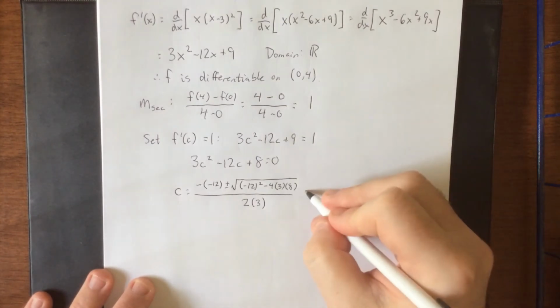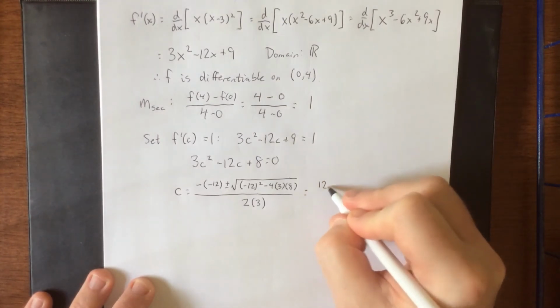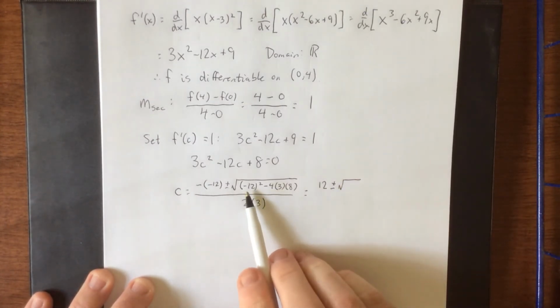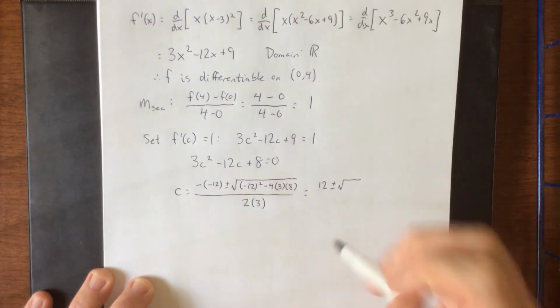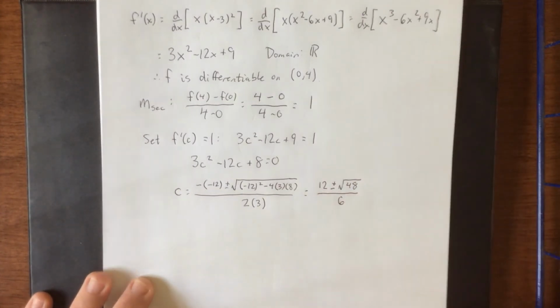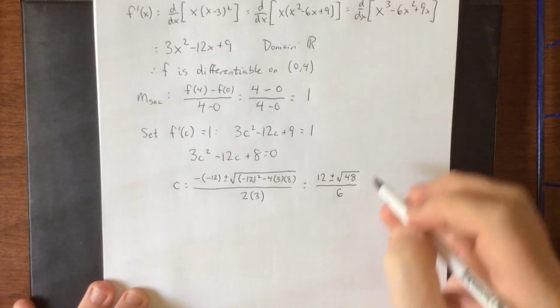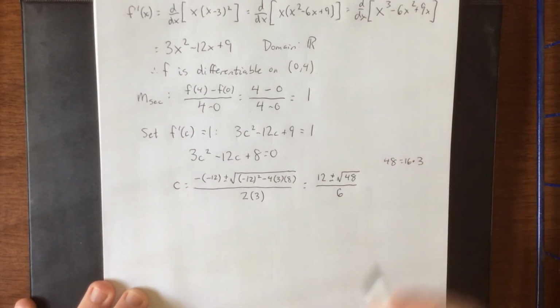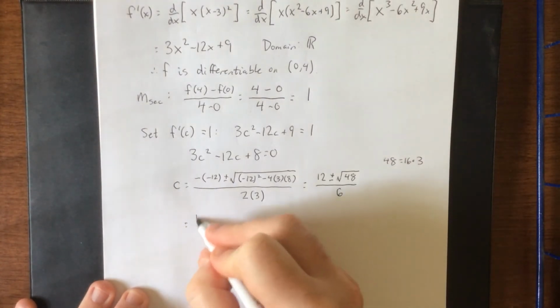Now this does simplify pretty nicely. This will be positive 12 plus or minus the square root of, that's 144 minus 96, that'll be 48, all over 6. Simplifying this radical, we can break a 48 into a 16 times 3. So square root of 16 gives us a 4.